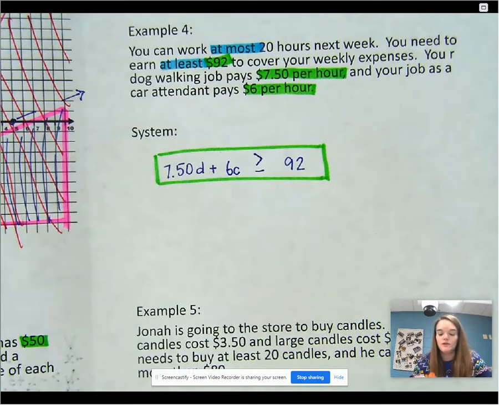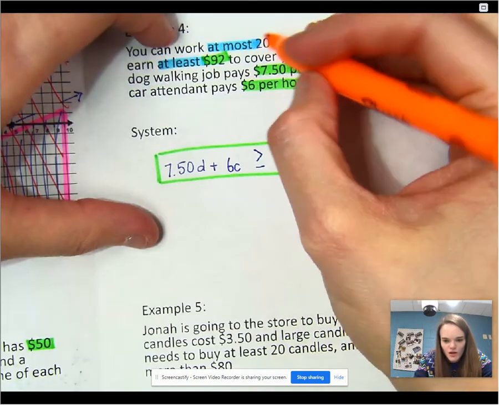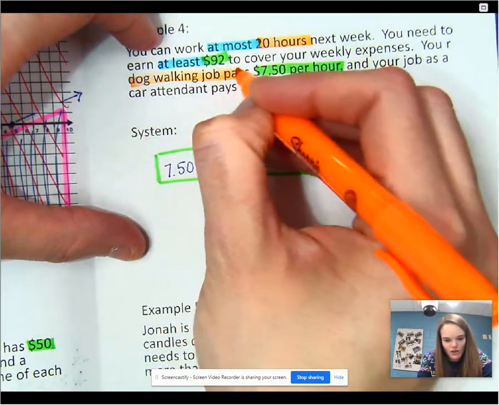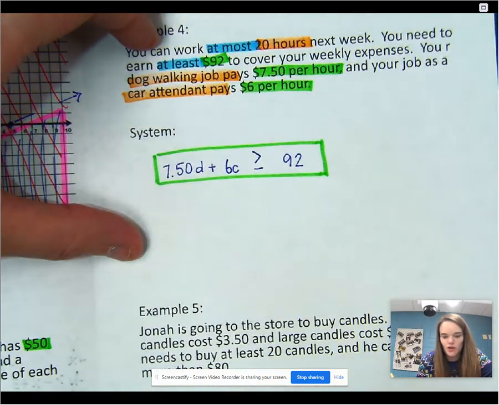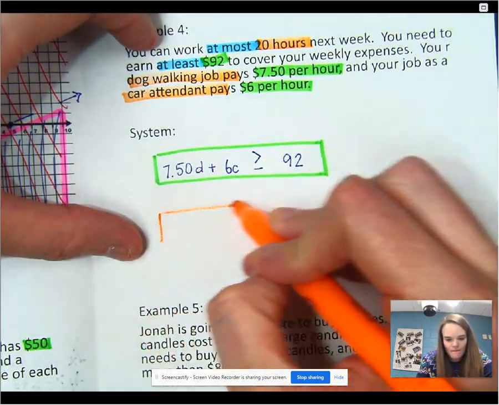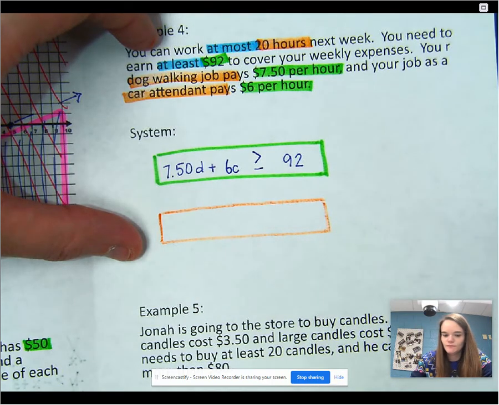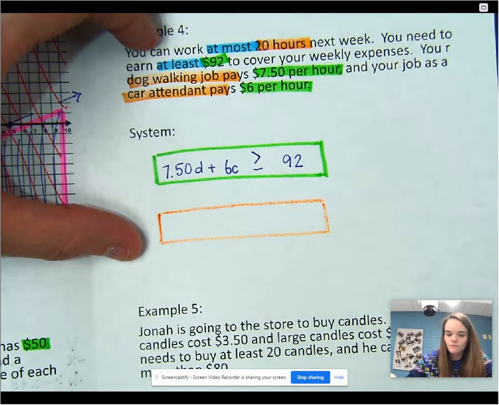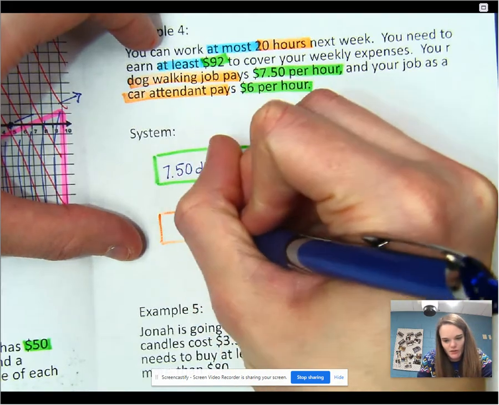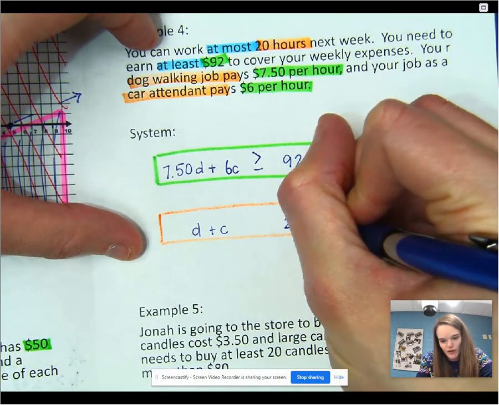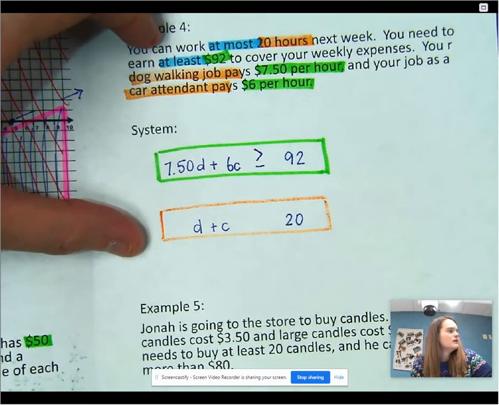Now our items. You have 20 hours, you have a dog walking job, you have a car attendant job. So a dog walking job plus a car attending job you need to work at most 20.